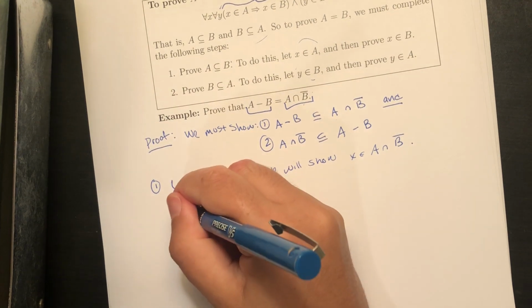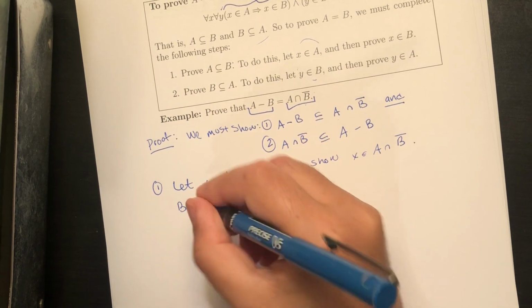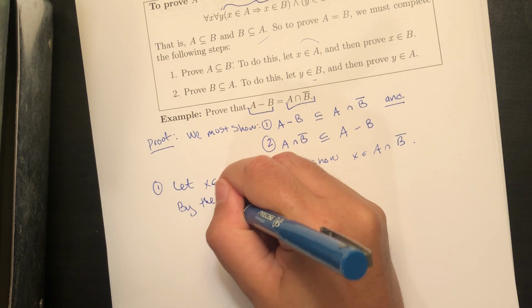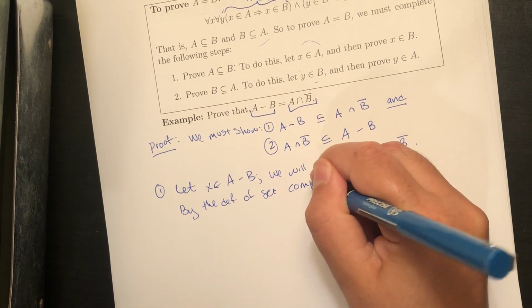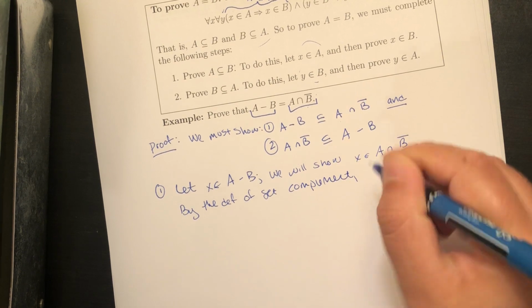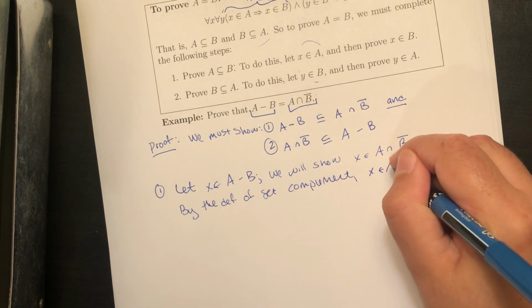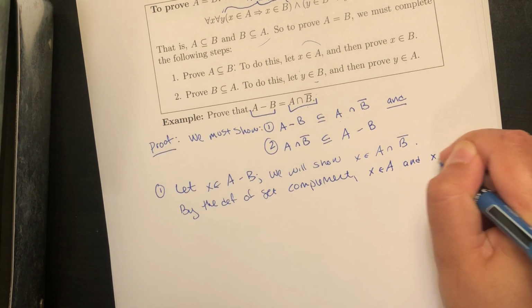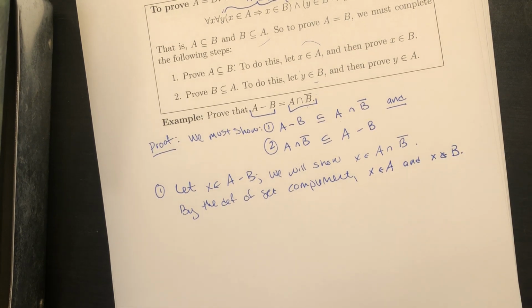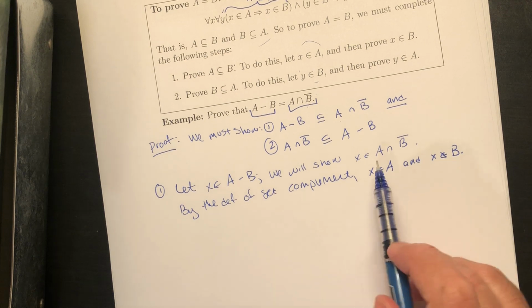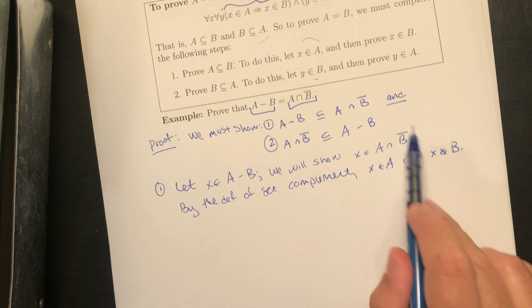Just like last time, we can unpack this using the definition of set complement. By the definition of set complement, we have that x is an element of A and x is not an element of B. Now we're trying to show that x is an element of A intersect B complement.